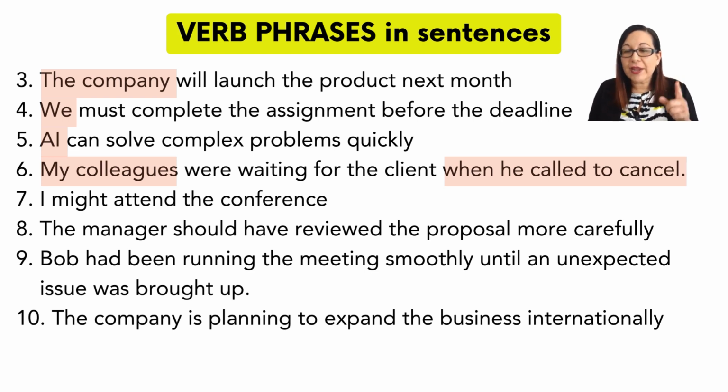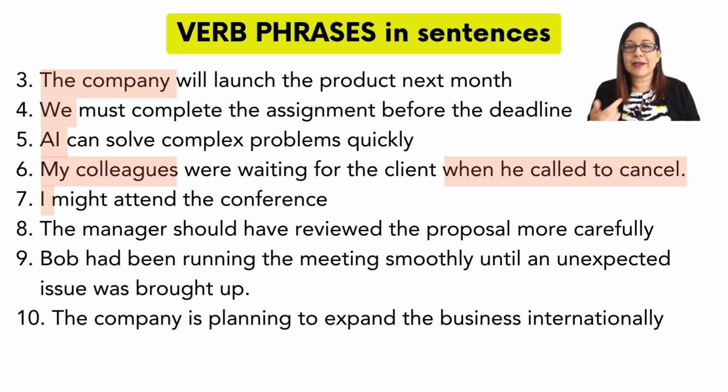Now, that's quite important that you did give me another action there because we had that past continuous. So I want to know what cut that action, what interrupted it. Or you could have given me a specific time. My colleagues were waiting for the client at 2 p.m. yesterday afternoon. That would have worked as well.